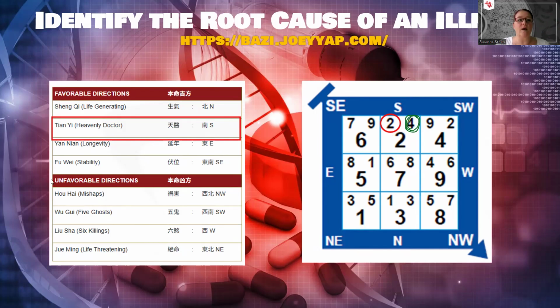Look at what number you have in the upper left in your personal Tianyi sector, not in the house Gua sector. This may be a completely different sector than the house Gua Tianyi sector. This is your personal Tianyi sector, right? As I mentioned, it's a little bit advanced here.